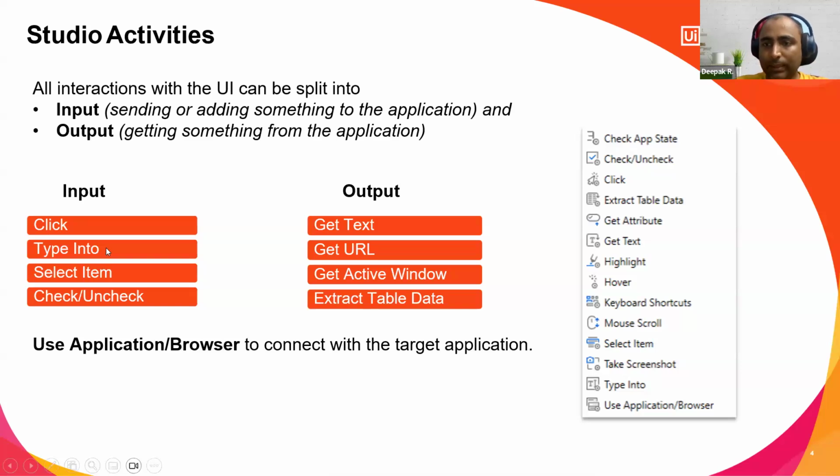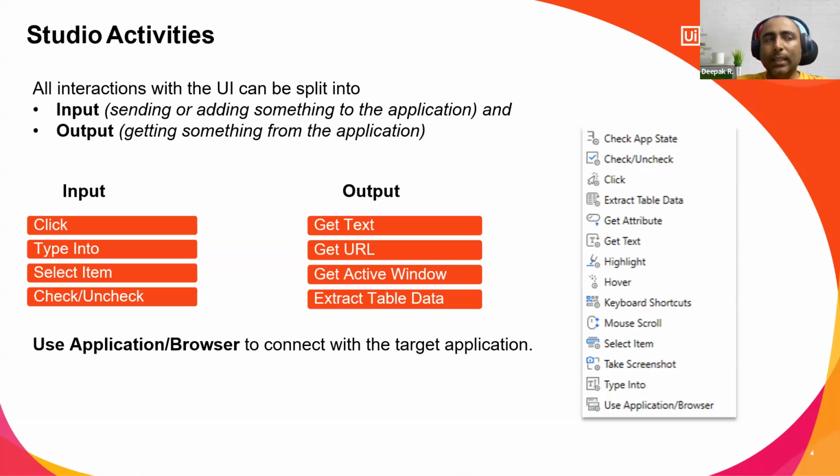Type Into means we have a username and password field and we want to enter information within it. Normally whenever we have text boxes where we want to enter information, that's where we can use Type Into.